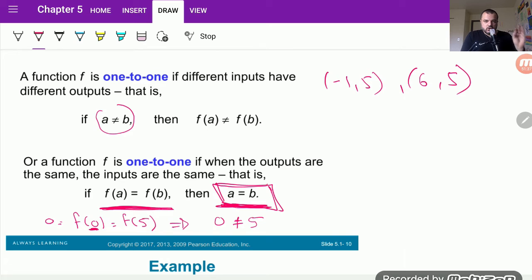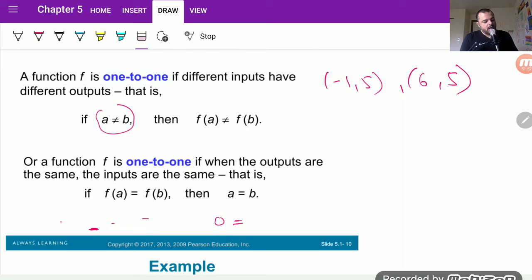You can take other corresponding points, any two points on the graph that pass through the horizontal line. So I'm going to check what f of -1 is. f of -1 is 5. What is f of 6? f of 6 also is 5, right? So what can I conclude? I conclude that f of -1 is equal to f of 6, correct? They are equal because each of them equals 5.